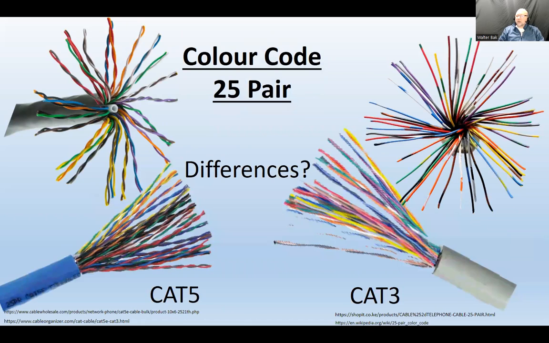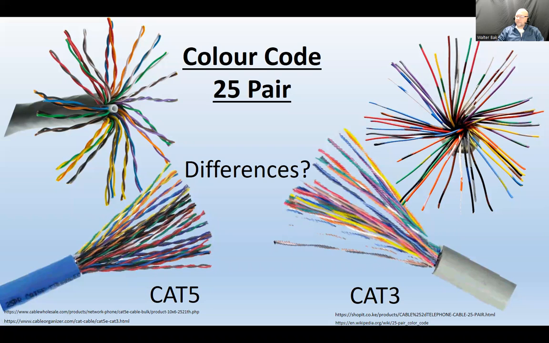25 pair color codes. I mean 25 pair cables, right? Now, most of the time you are going to see 25 pair cable in the configuration of category 3. We haven't talked about the categories yet. We will soon.